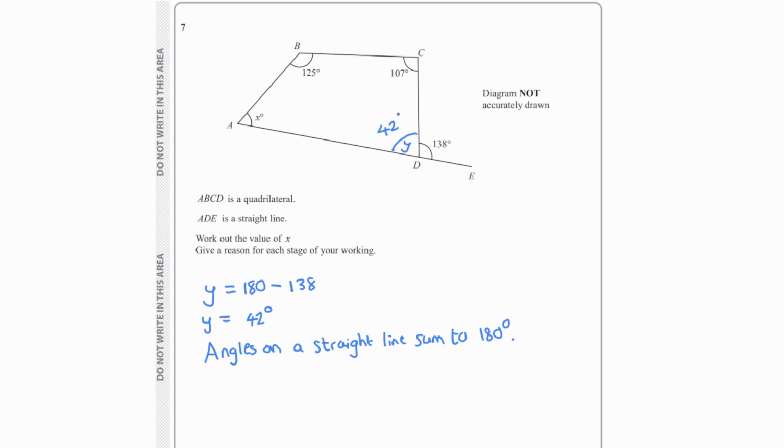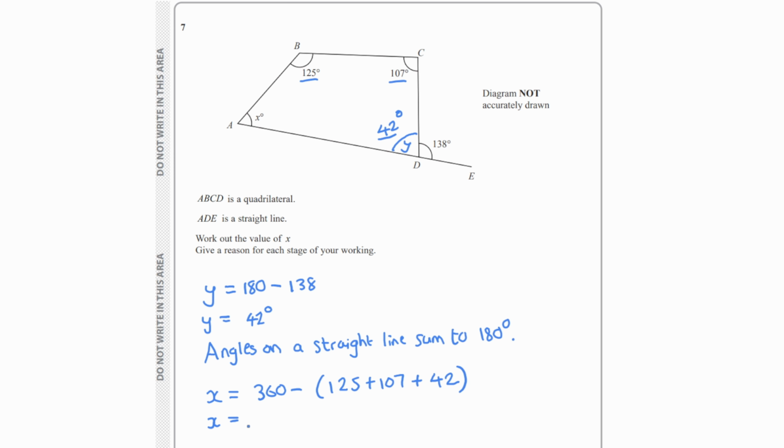Now we do know what this is. It's 42 degrees. And like I said, angles in a quadrilateral sum to 360. We can do 360, subtract the sum of these, and that will give us what x is. So x is equal to 360, subtract all of the other angles added together. Put them in a bracket to show we want to add them all together first before subtracting it.